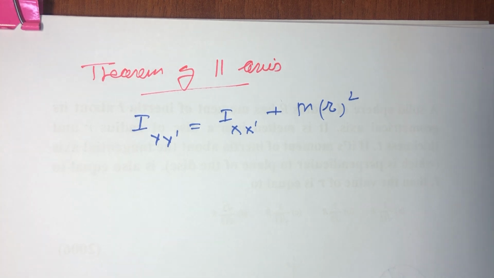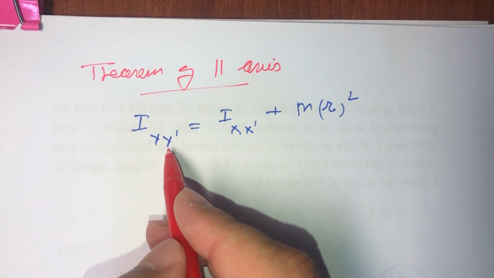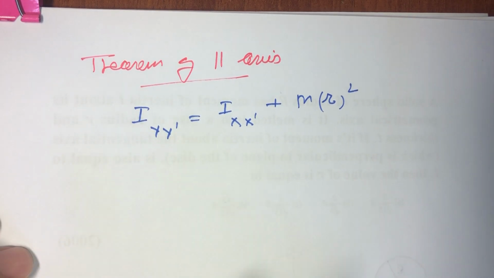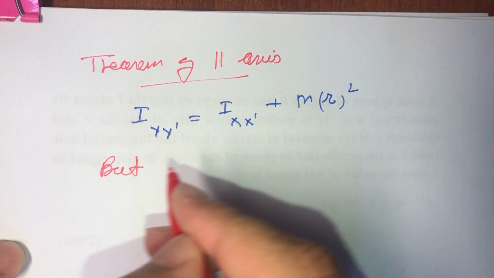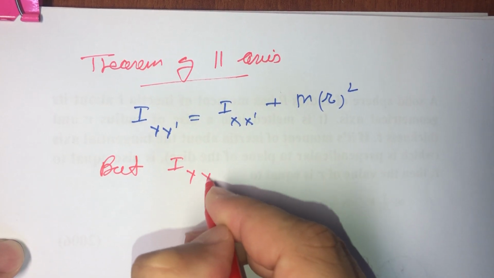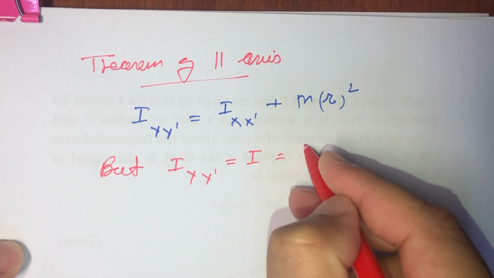And it is also given the moment of inertia for this tangential axis is same as that for your sphere. So I y prime is equal to I, which is given.